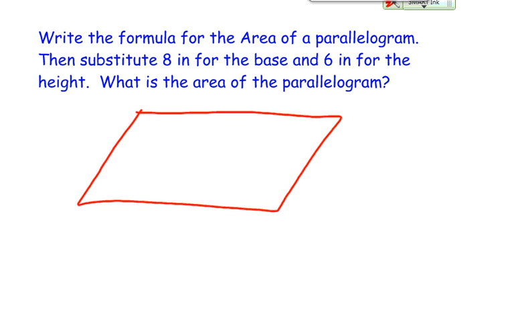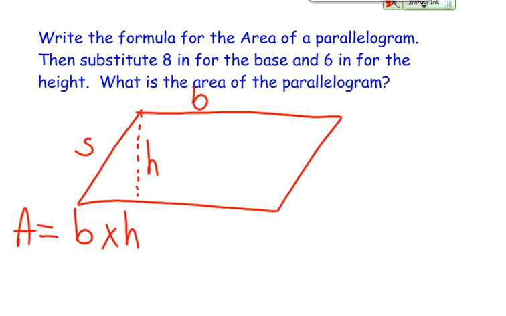We don't really have lengths and widths because we have angles. So instead we have bases, and we have a side here, but I don't remember anything with bases and sides. There must be something else. Hopefully you're remembering that dotted line for the height. Area equals base times height.